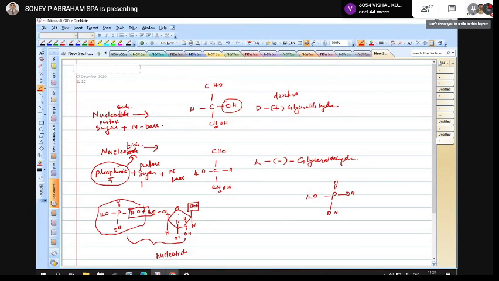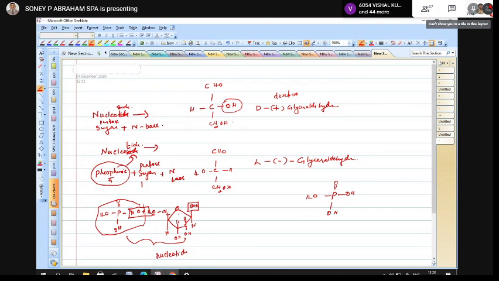Now these nucleotides, there will be a large number of nucleotides, and they will be joined by an ester linkage between the 5' carbon and 3' carbon atoms of the pentose sugar.